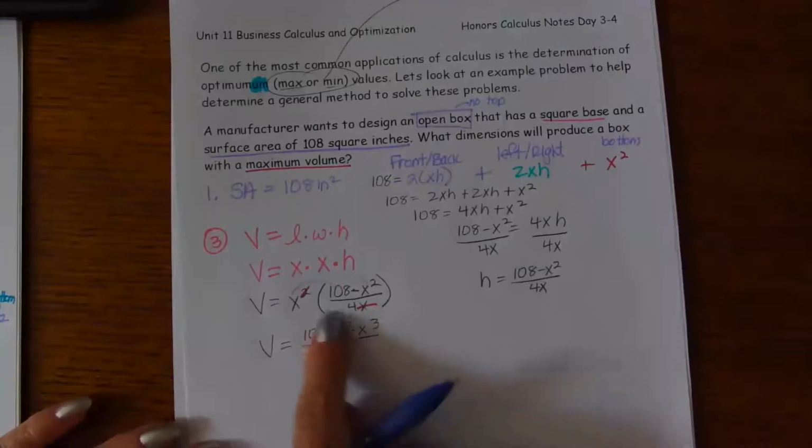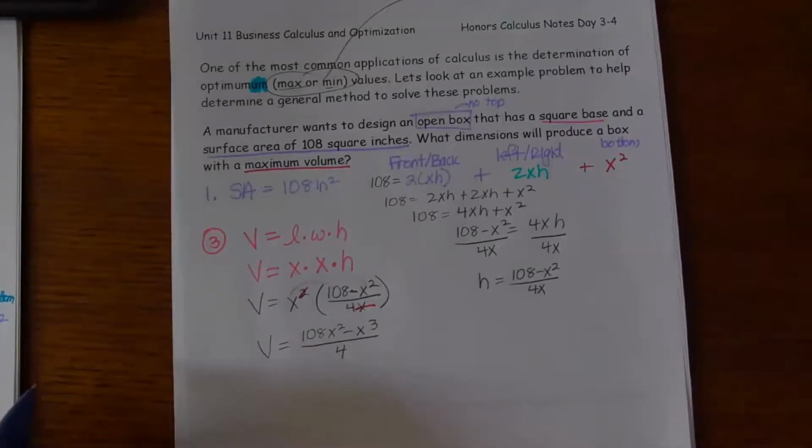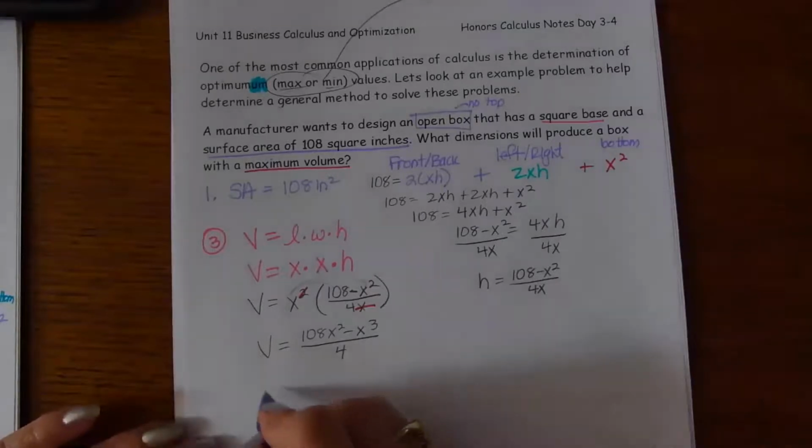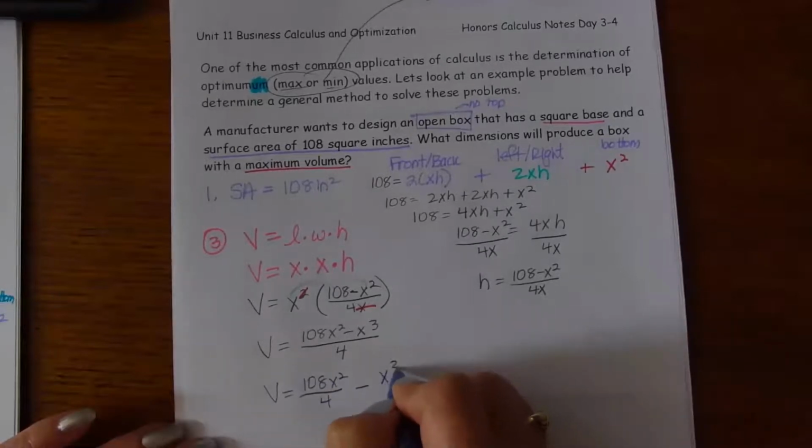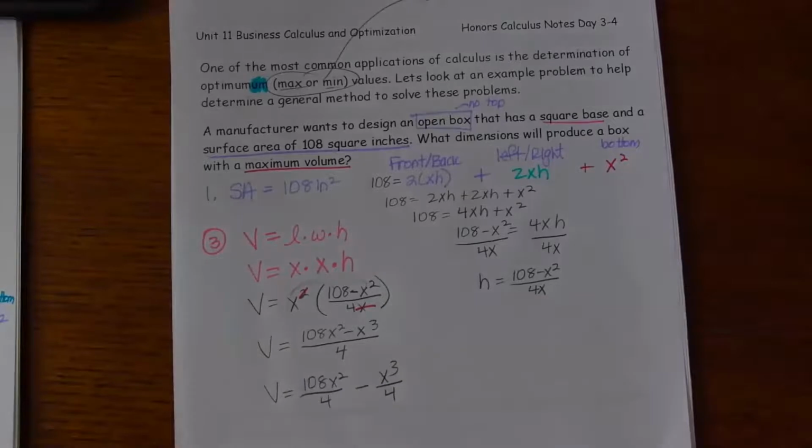Now, what does your experience tell you about fractions like this? Can you split that up to make it easier? Yes. You're allowed to do that, right? And this makes your problem easier.